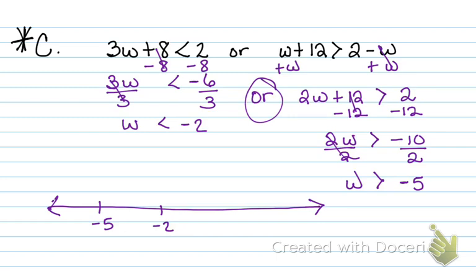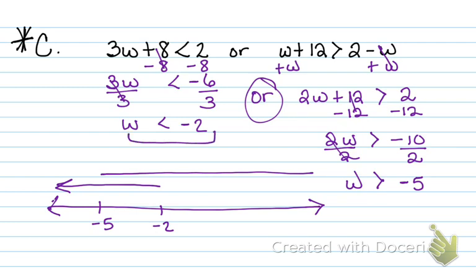So now let's talk about graphs. So I already have my number line there with my numbers on it, and let's talk about graphing this. So we're going to say W is less than negative 2, so this goes this direction, or W is greater than negative 5. These would be open circles. However, this is an OR statement. So if I pick negative 5, it actually fits the criteria of W is less than negative 2.